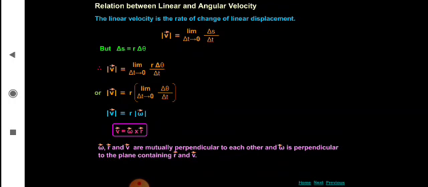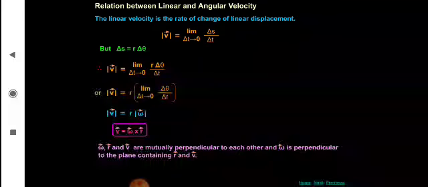Here, for angular displacement, we have the position r into angle theta. So S is equal to r times delta theta, which we are going to substitute. The modulus of vector v is equal to r times the limit as delta t tends to 0 of delta theta divided by delta t.